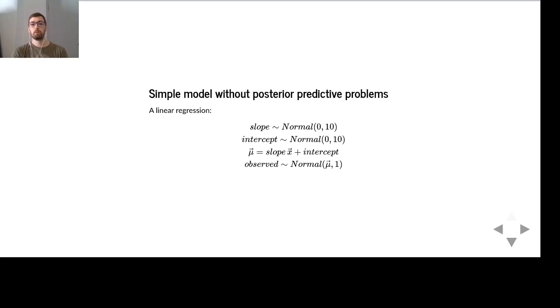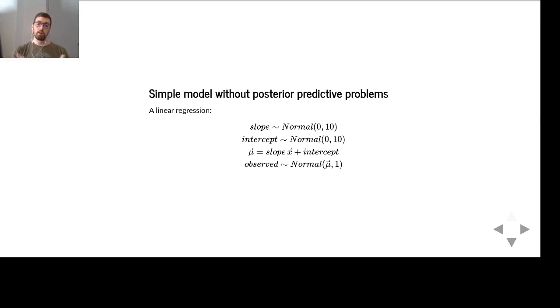That will show the problems you can typically encounter with posterior predictive sampling. We'll start out with a linear regression where we have the slope that's unobserved, so we define a normal prior over it. We have the intercept that's also unobserved, and we define its prior as a normal.